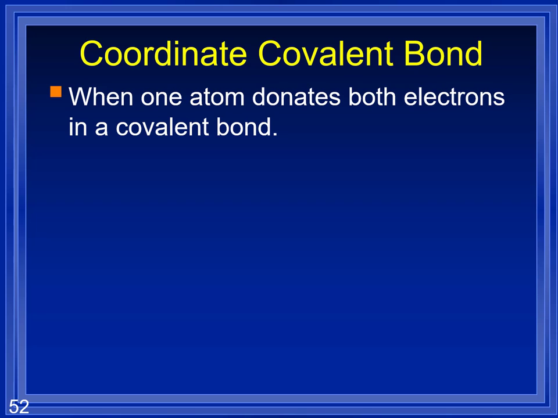Okay, and a coordinate covalent bond is where one atom gives not just one electron to the bond, it gives both electrons to the bond.